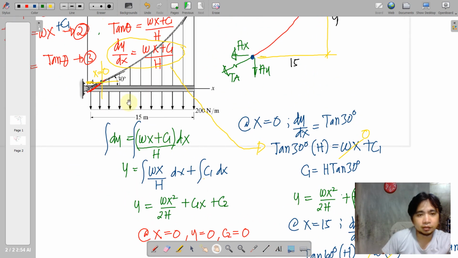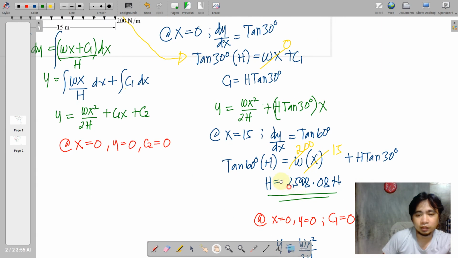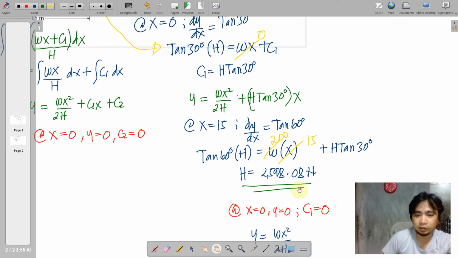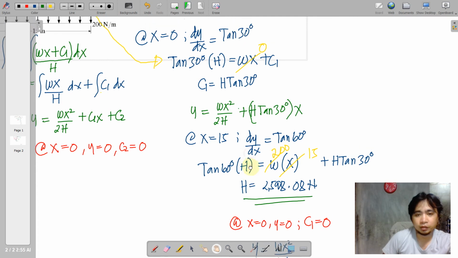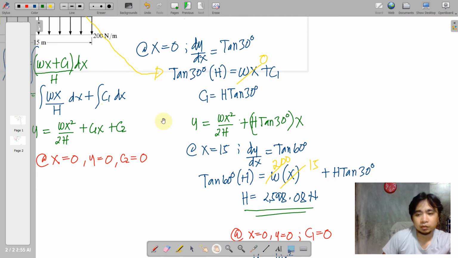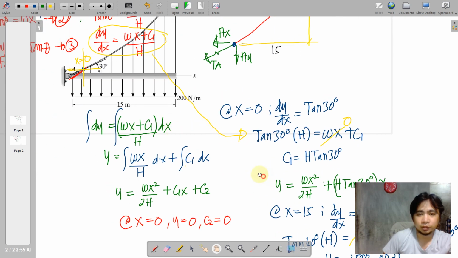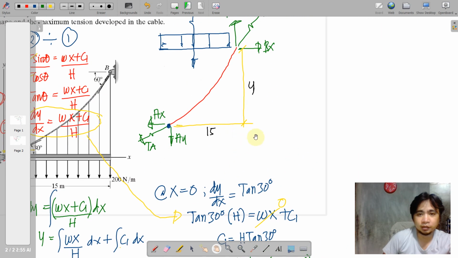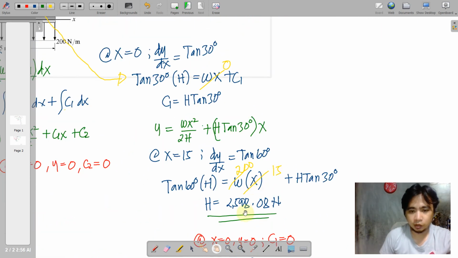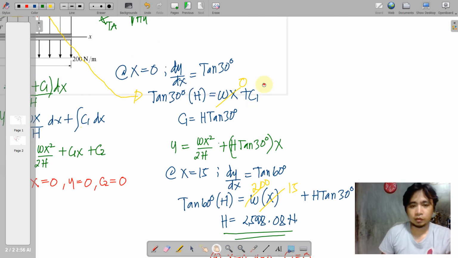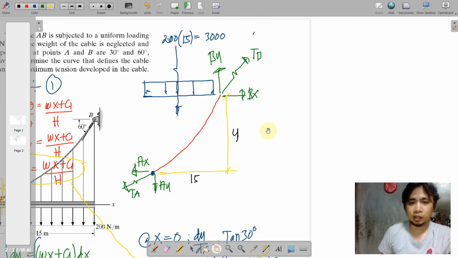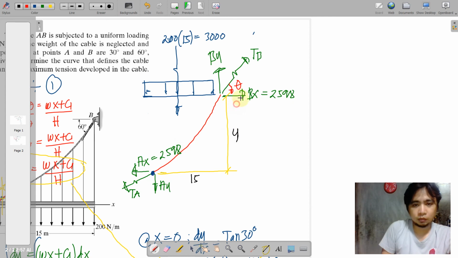And this is the tension at this A. Actually, h is equal to 2598.08, or the horizontal. So horizontal of this one, AX and BX. And knowing the horizontal force, we can now derive the tension at A and tension at B. Since both are 2598, we have the angle here, which is 60 degrees.